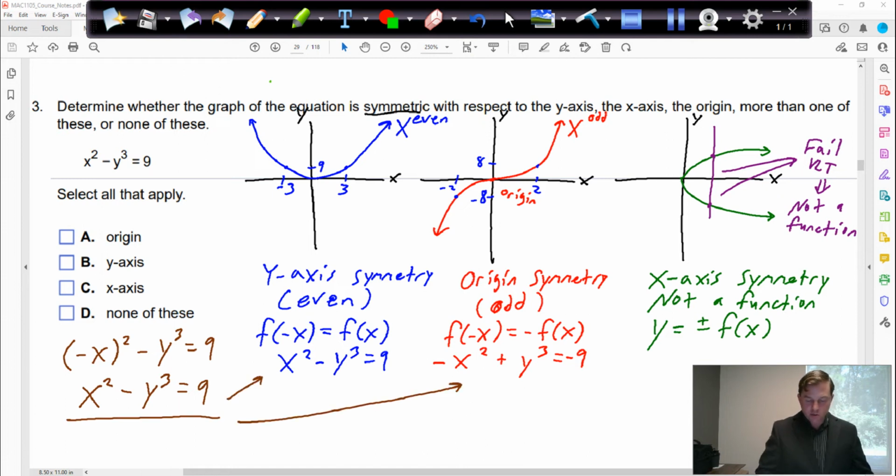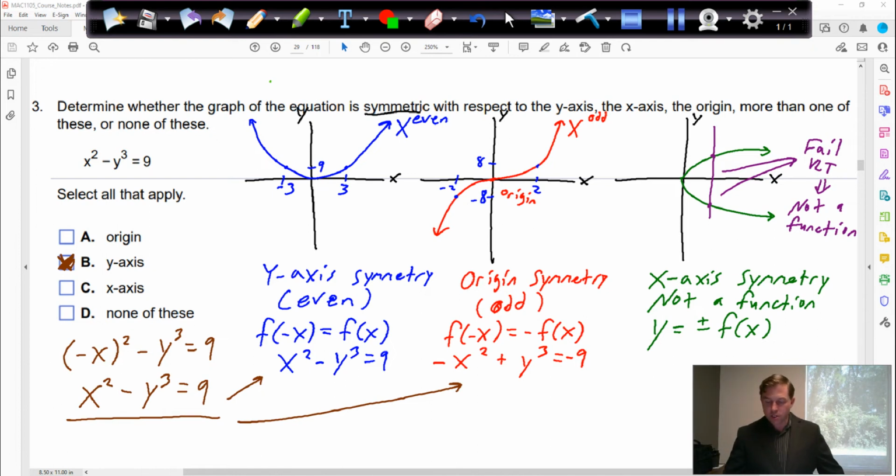Does it match either of these two? Well, the blue one, if you look, you have x squared minus y cubed equals 9. Everything matches, so it does have y-axis symmetry. And for the most part, if you have a function, you're not going to be able to select more than one of these. It's only going to be one or the other.